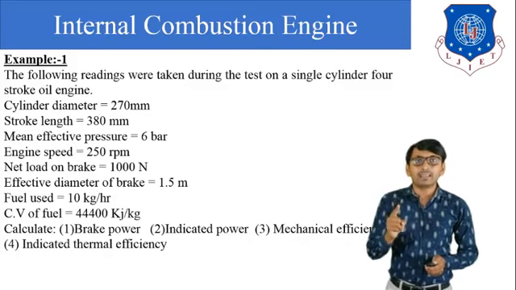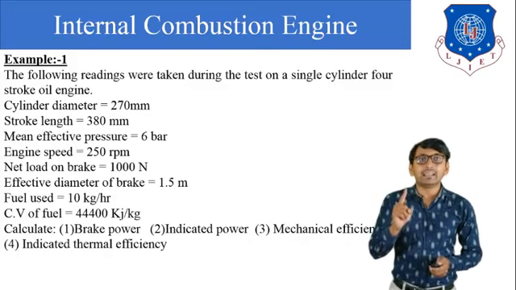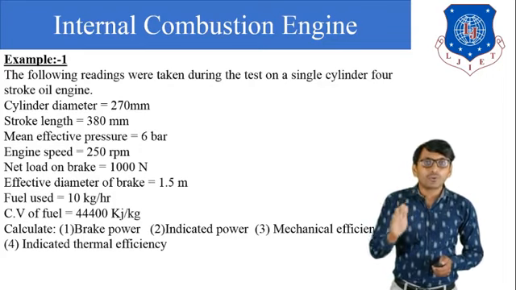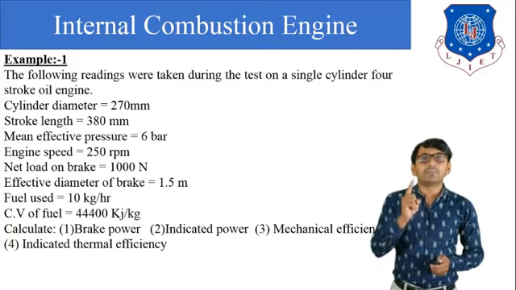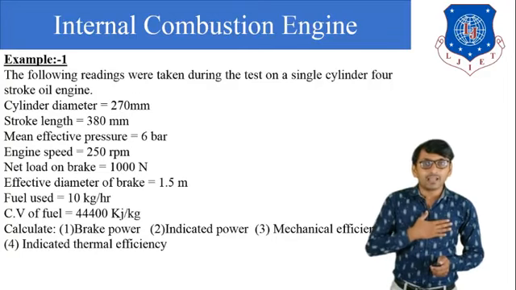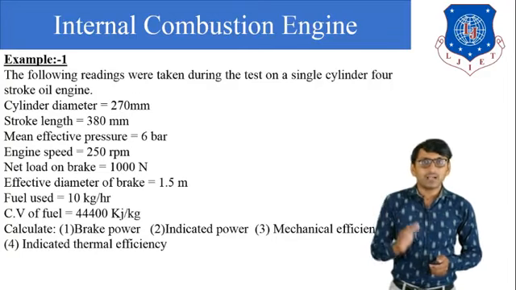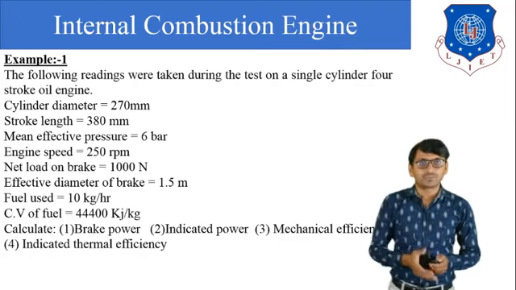And brake power is always less than indicated power because some power is lost in friction. So indicated power is the power produced by the engine, and brake power is what we utilize after removing some friction loss.